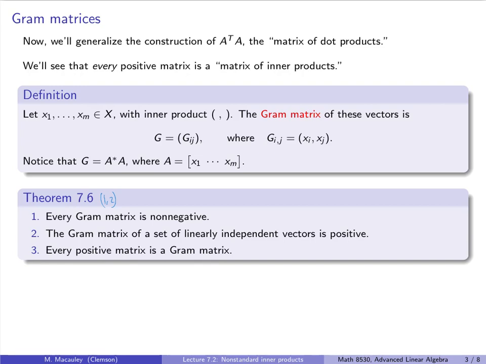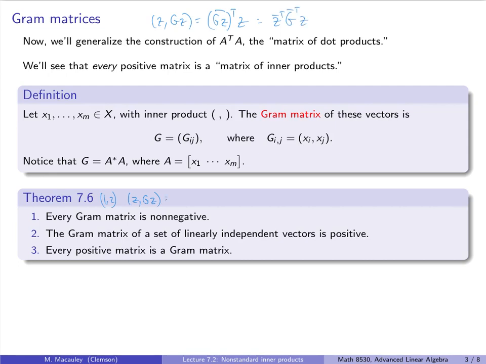So let's take a vector z, and we need to show that the inner product of z with Gz is non-negative. So remember, let me write it up here, the inner product of z with Gz is (Gz) conjugate transpose times z. So that's z conjugate transpose, G conjugate transpose times z.